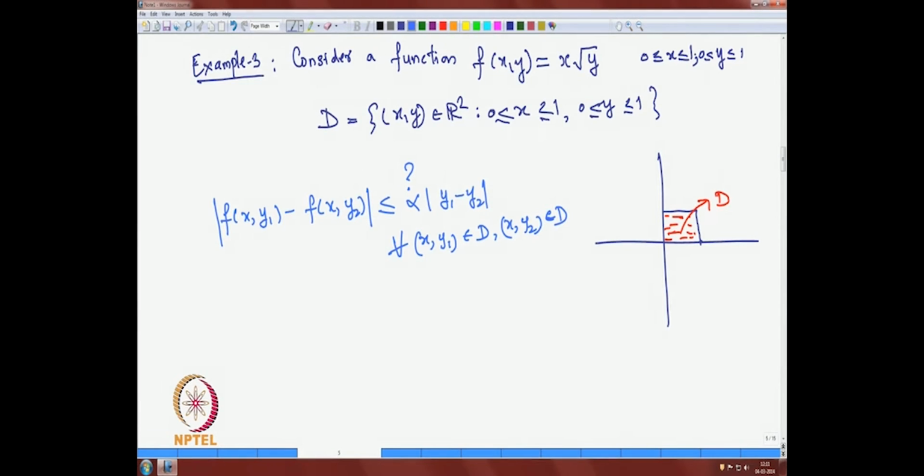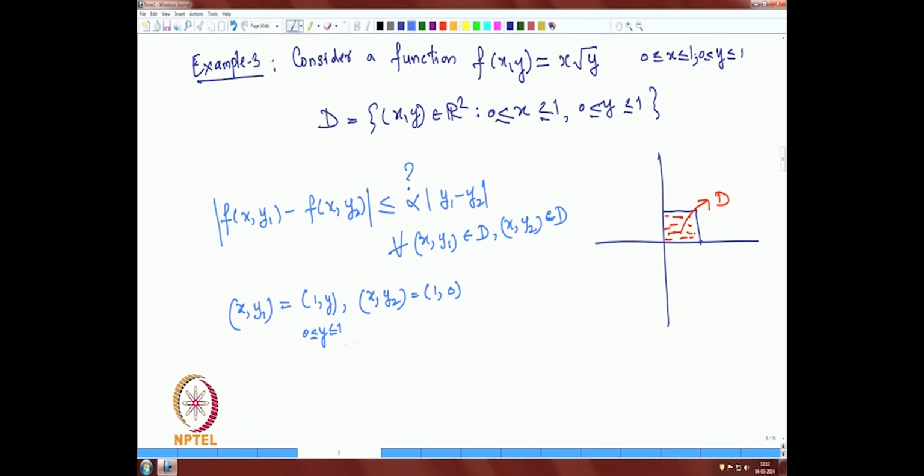Let us take two points: (x, y1) I am taking as (1, y), where y is an arbitrary value between 0 and 1, and (x, y2) let us take as (1, 0). In both points the x coordinate is 1.